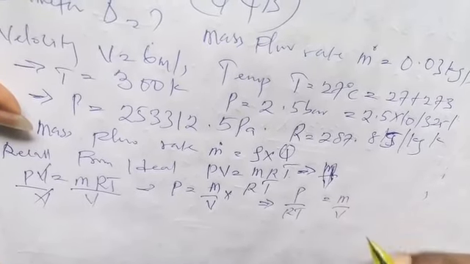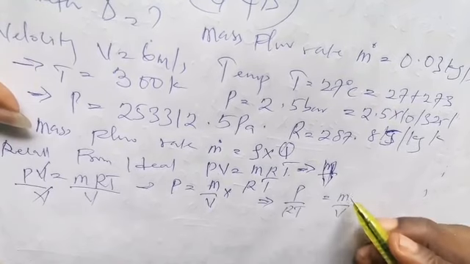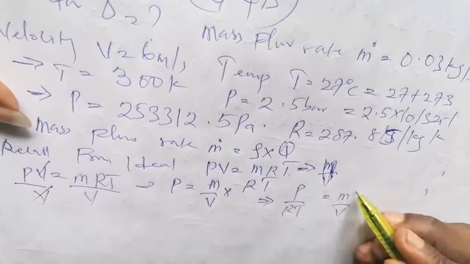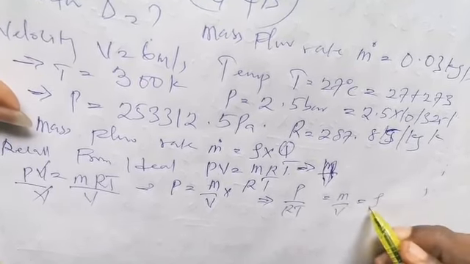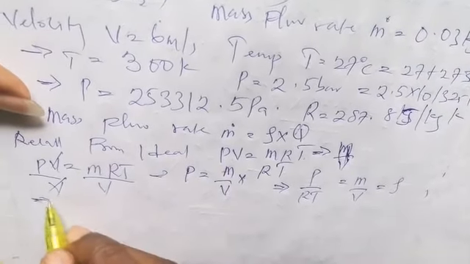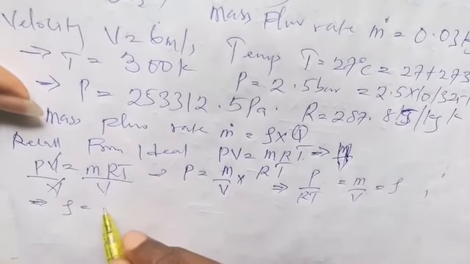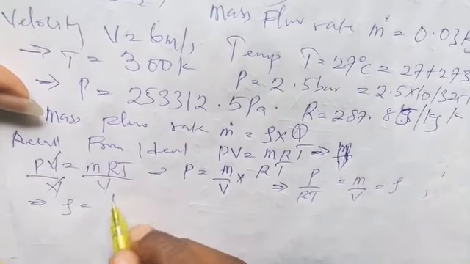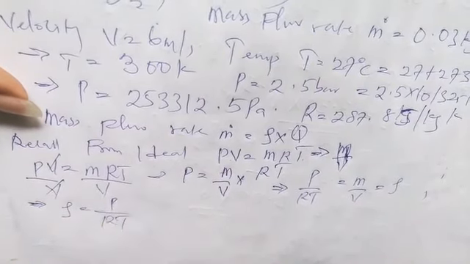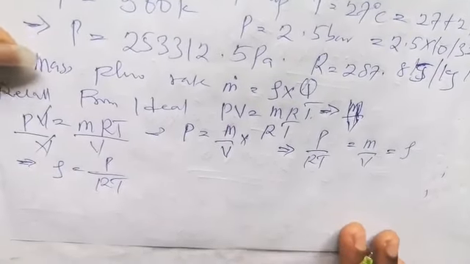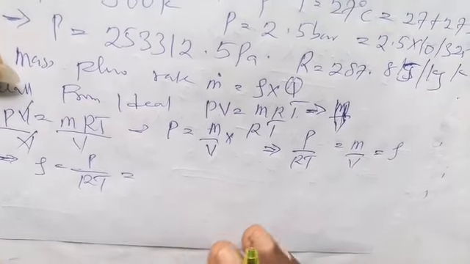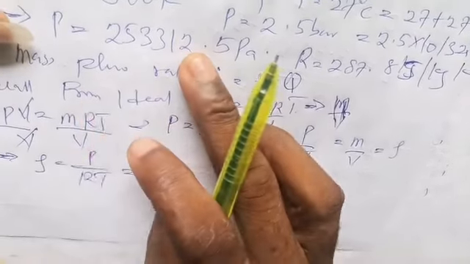And m divided by V talks about mass all over volume. And we know that mass over volume stands for density. So this simply implies that the density of that fluid is simply pressure all over RT. Okay, so that's how you find the density of that fluid. We've already found pressure in Pascal.